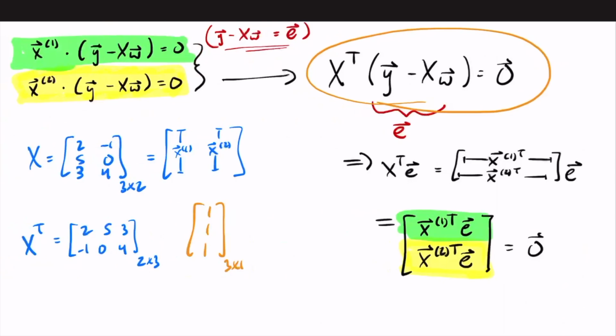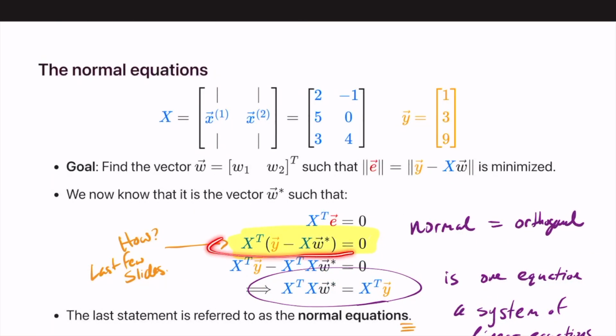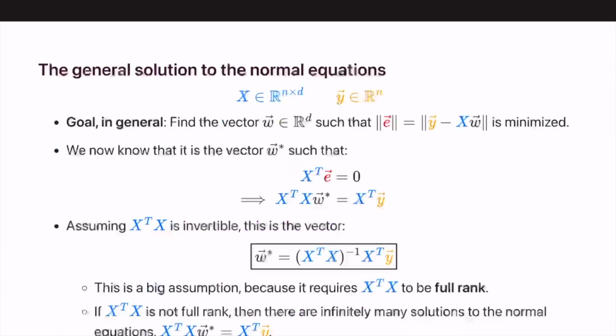And we've seen that from this concept right here, right? We had this system of linear equations, and we were able to simplify it into one equation, and that's what we have here. When we begin to solve for w star, we get to this step. This is what's known as the normal equations. Now, of course, we'll want to simplify w squared, which we can do.